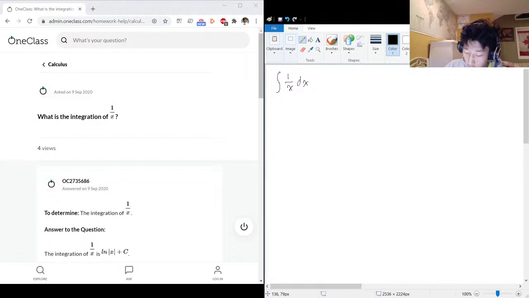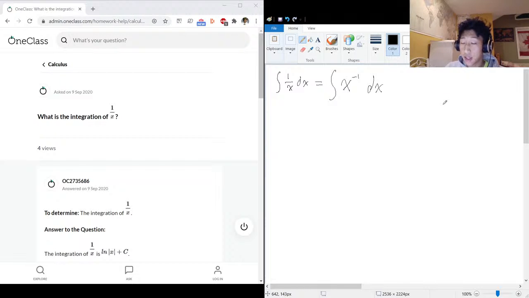Okay, so we know that this is equivalent to the integral of x to the -1 dx. And we know that the reciprocal is the same as raising something to the power of -1. Now, normally, we would add 1 to the power and then have a coefficient in the front.